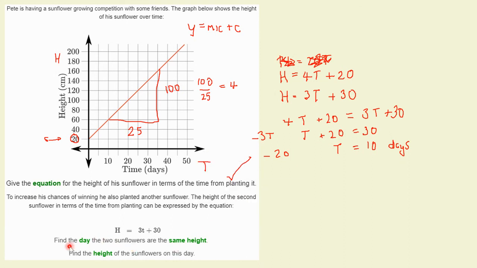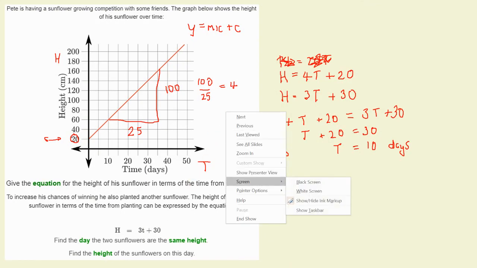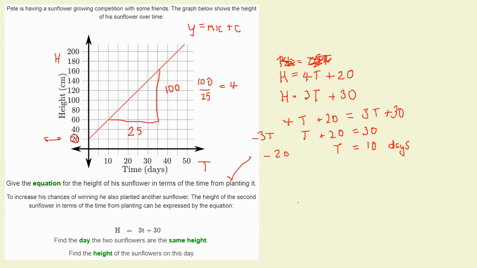So we've worked out the day. We've done that bit. Now it's saying find the height of the sunflowers on that day. Well, we can do that because we've worked out the days. We can just use one of these formulas. We could use this one, or we could use this one to work out what the height is. Probably the second one, smaller numbers.